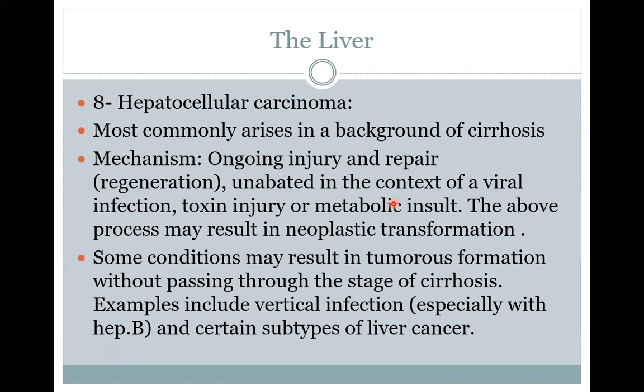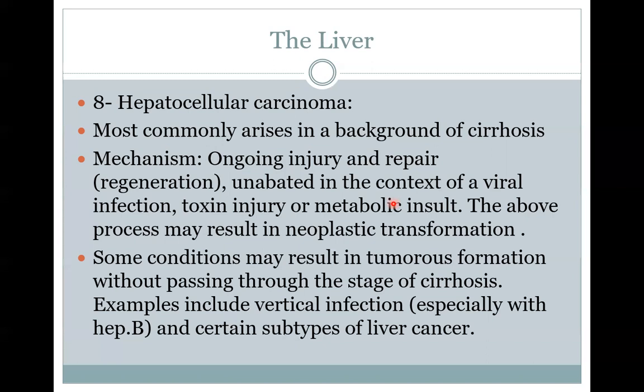What's a vertical transmission? Mother to fetus during the pregnancy or during delivery. Where do you see that in the world? Do you guys know? Usually in Southeast Asia, where hepatitis B is still a very formidable enemy in that region.